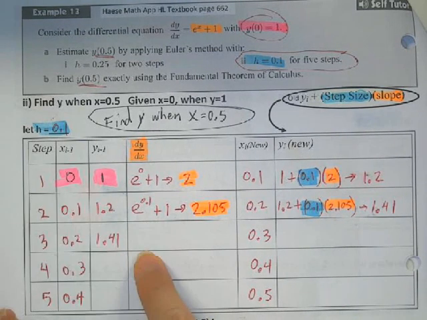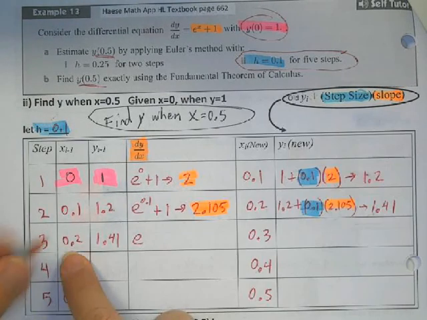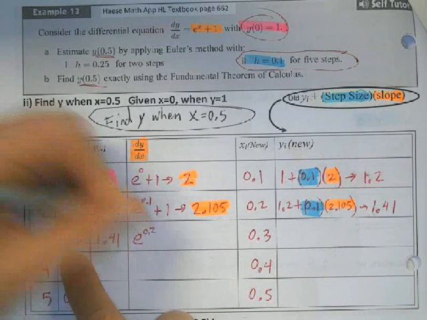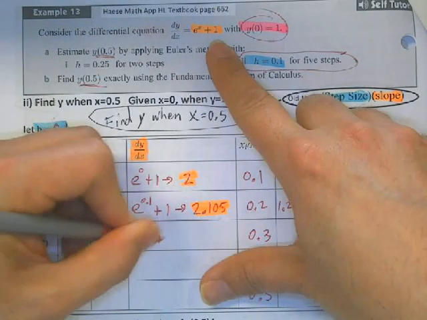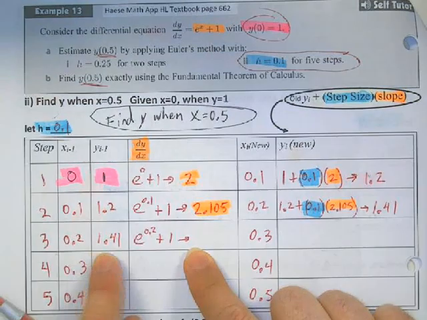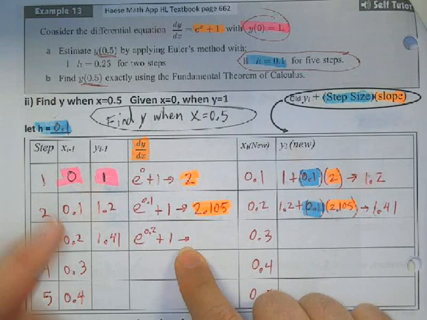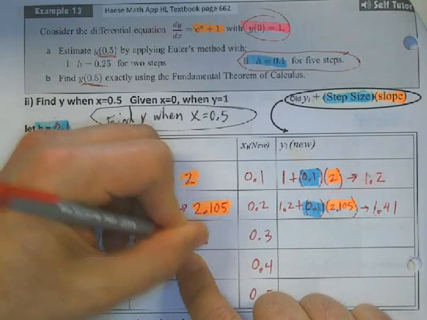Hope you start seeing the process here. So now I have e to the power of x, where x is 0.2, plus 1. This gives me the new slope at the point 0.2, comma 1.41. The new slope at that point is 2.22.